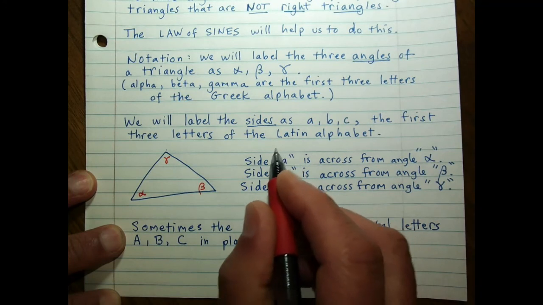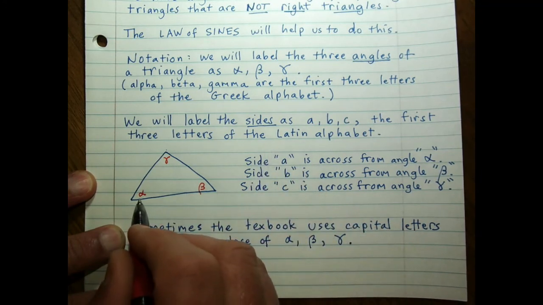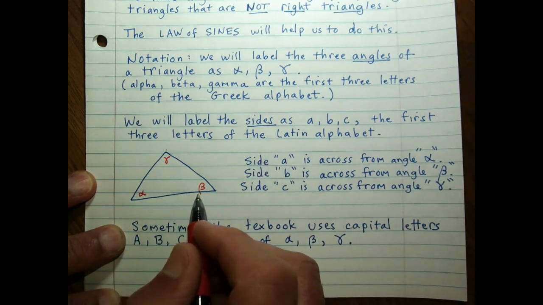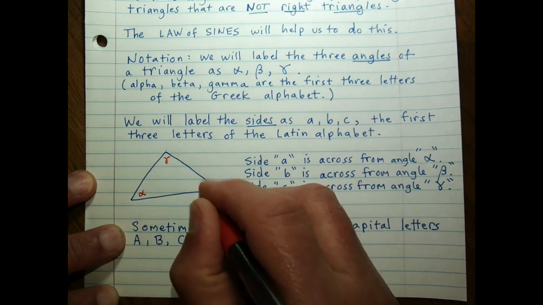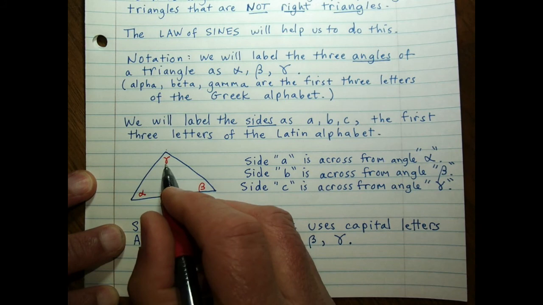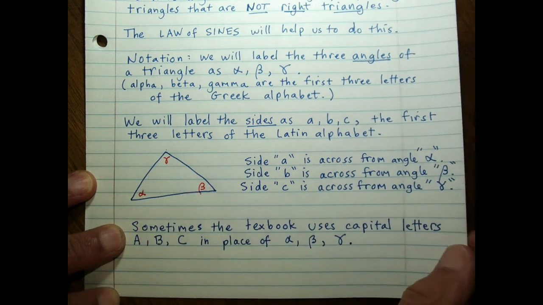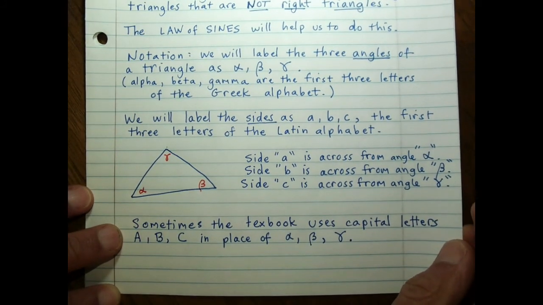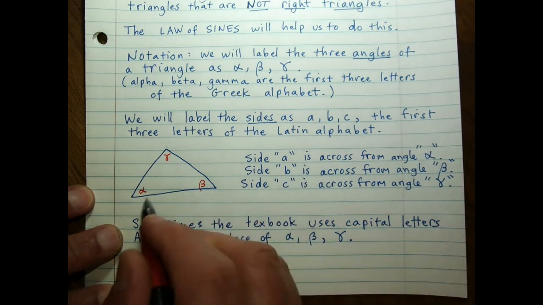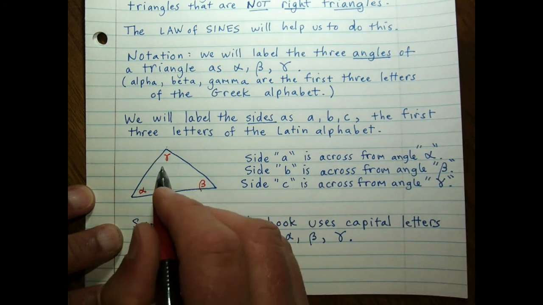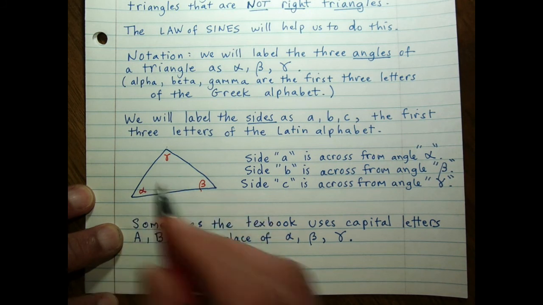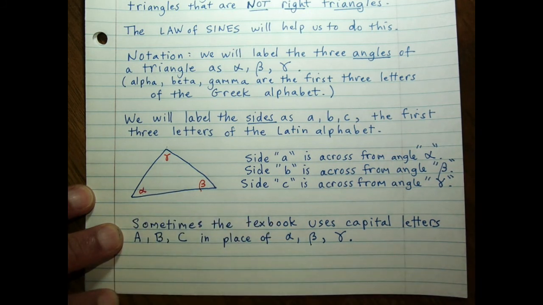Alpha looks a little bit like a curly A, and beta is related to the letter B, but it has a tail on the end. Gamma is actually a Greek G. The Greek alphabet doesn't go ABC, it goes ABG. Alpha, beta, gamma.